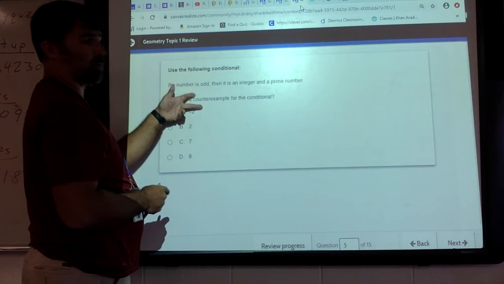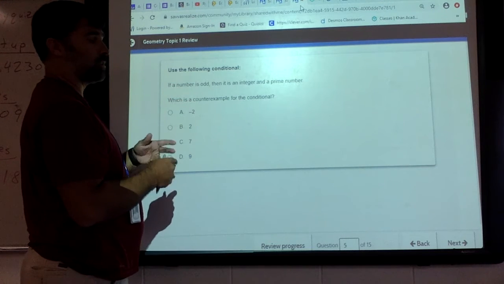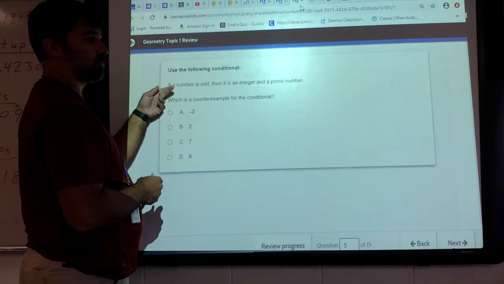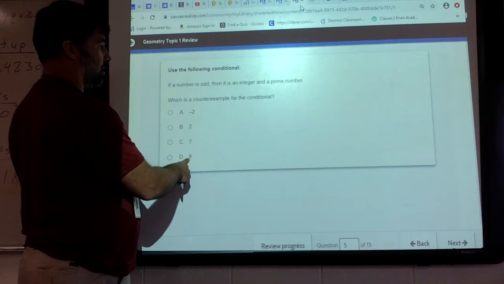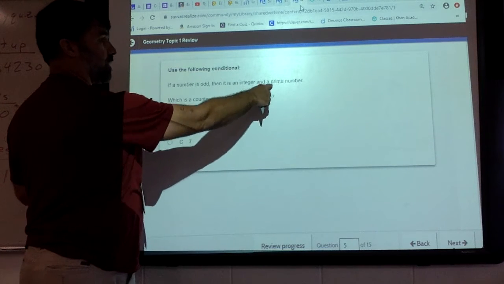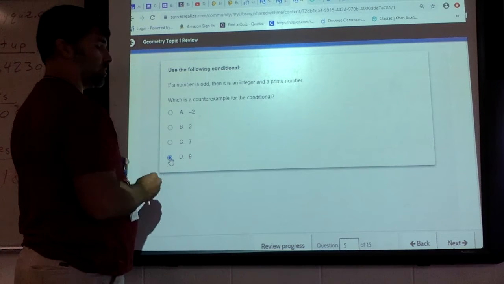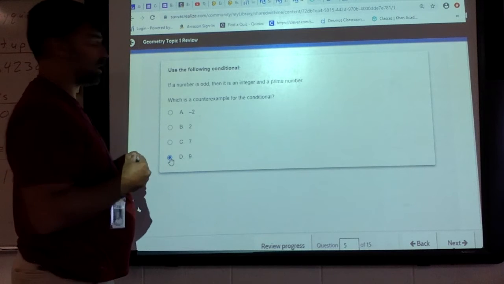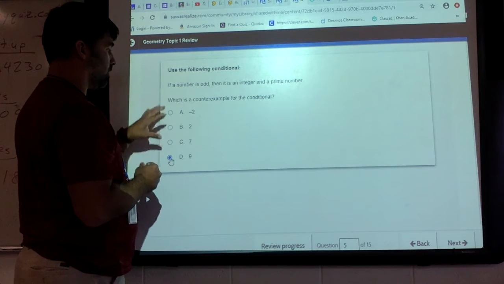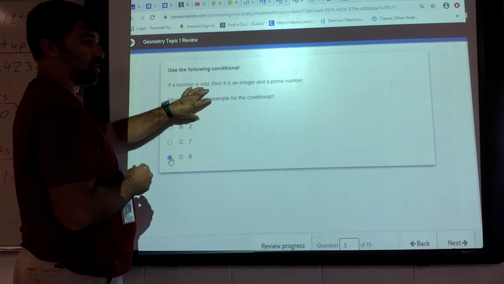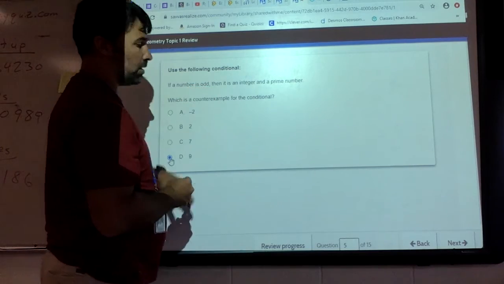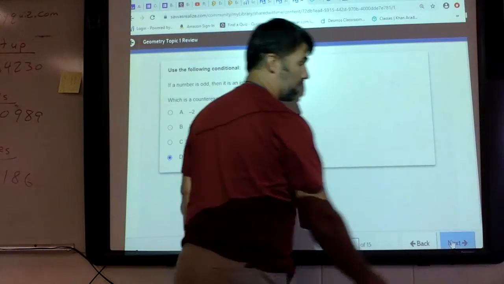So that's not a counterexample. A counterexample is one that makes this false. So 9 is odd, but it is not prime because the way you would get 9 is 3 times 3. So it has more factors than 1 and 9. Okay, so that's a counterexample. We haven't talked about it, but there's a quick example of what a counterexample is.